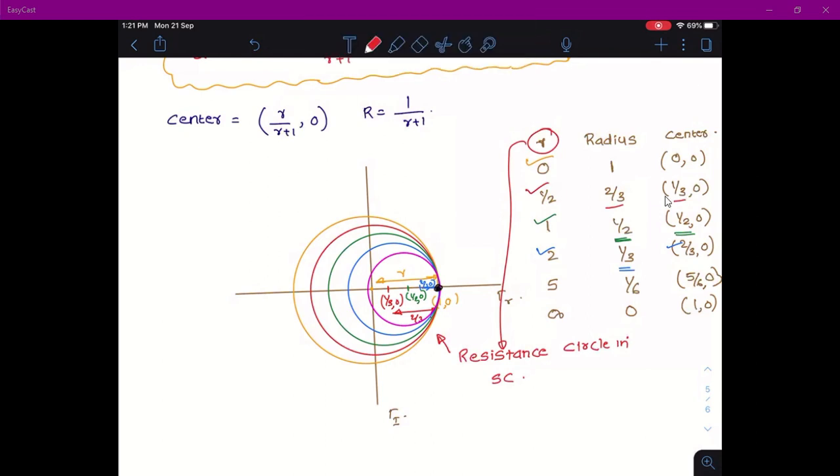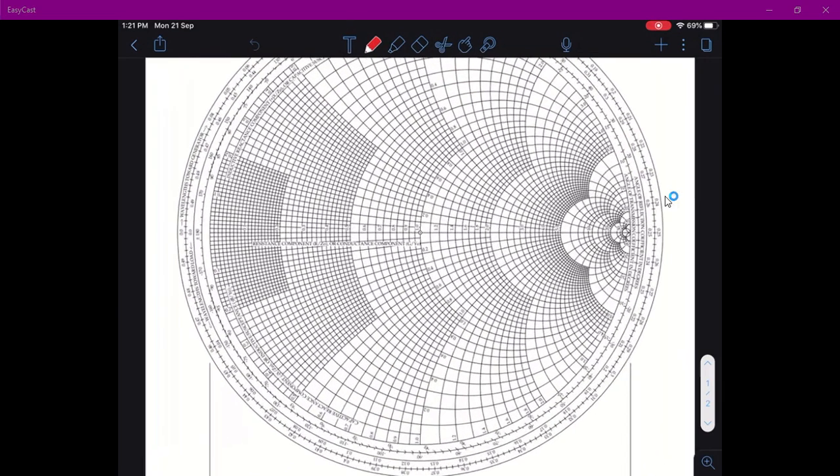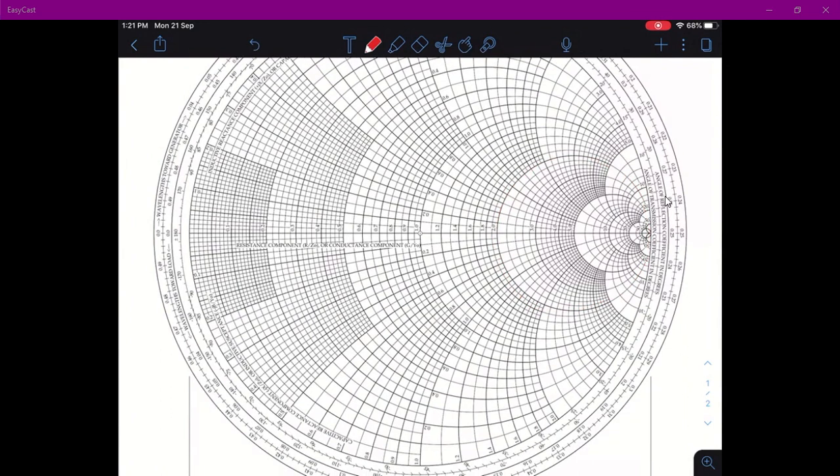Okay, so if you look at the Smith chart now, you see that there are multiple resistance circles. You see that there is a resistance circle like this. Okay, let me draw it clearly. Okay, and you can also see another resistance circle like this.